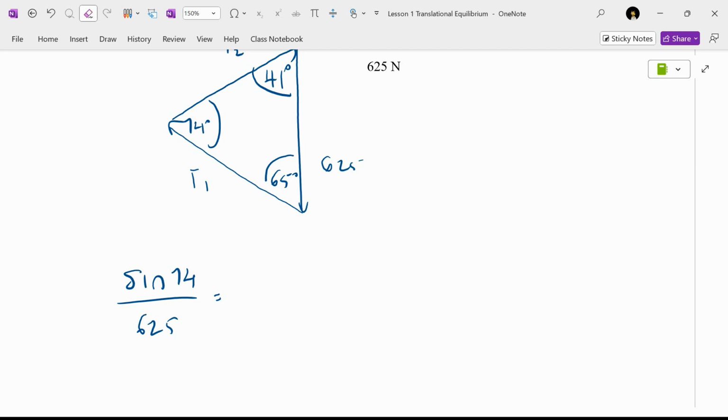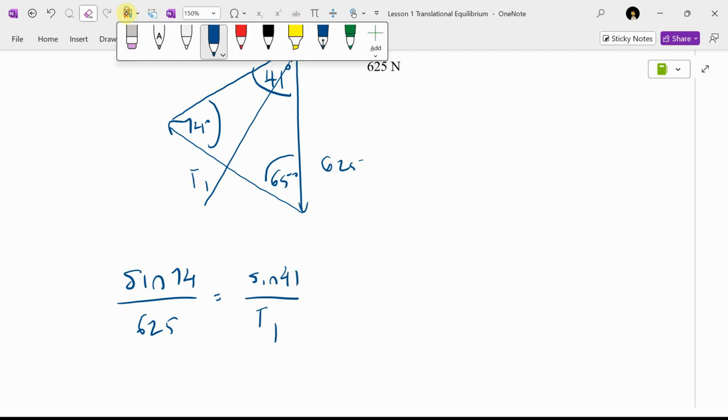That has to equal, what do you say you want to find first, T1? Okay, that's going to be this pair right here. So it's going to be sine of 41 all over tension 1.